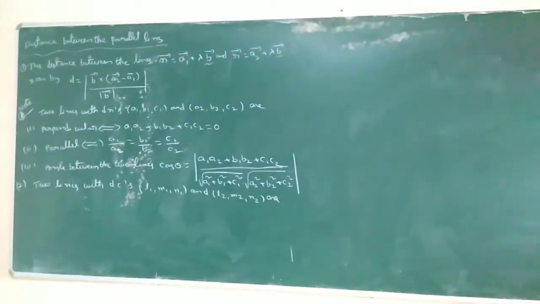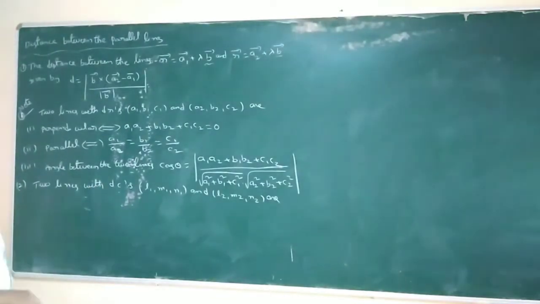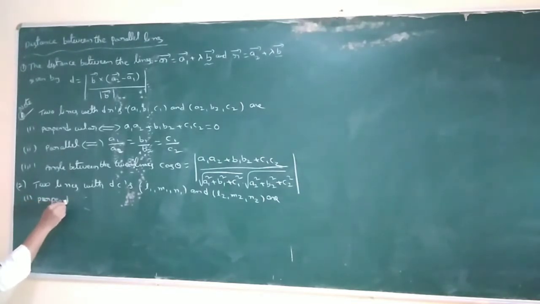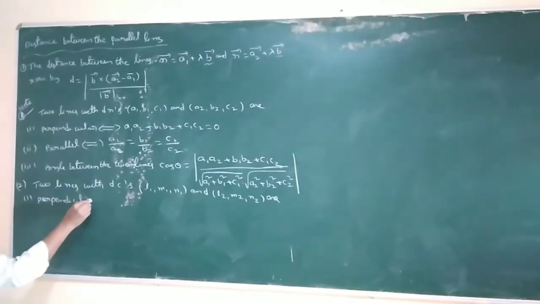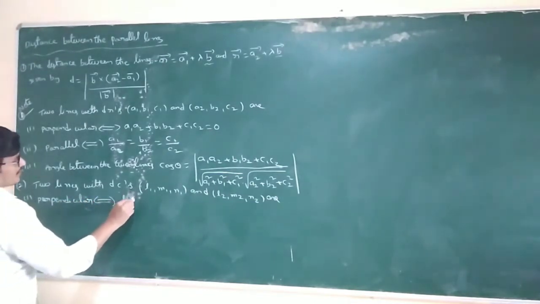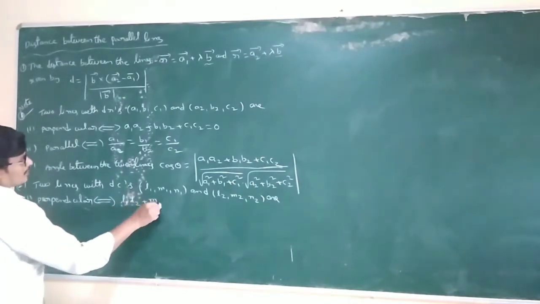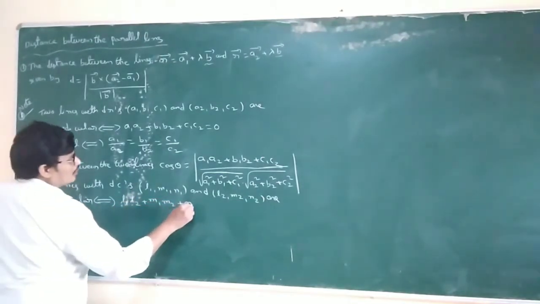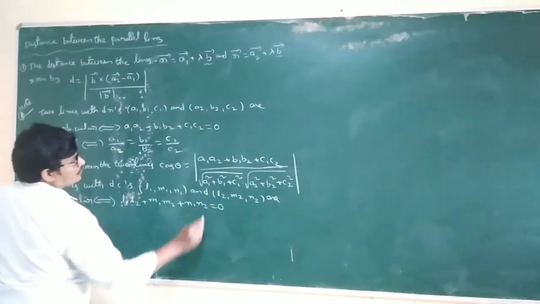Earlier it was direction ratios of a line; this is the direction cosines of lines. Okay, clear? So first one is perpendicular. These two lines are perpendicular implies L1 L2 plus M1 M2 plus N1 N2 is equal to 0.